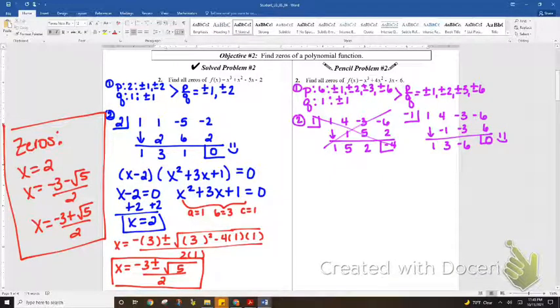So we know that we have x minus 1 times x squared plus 3x minus 6 is our polynomial. We're looking for the 0, so we're going to set it equal to 0. Now, can I factor that trinomial? Is there anything that multiplies to 6 that will subtract to 3? 2 and 3, 1 and 6, there is not. So I'm going to set them each individually equal to 0.